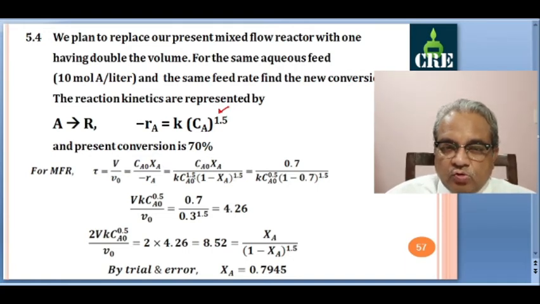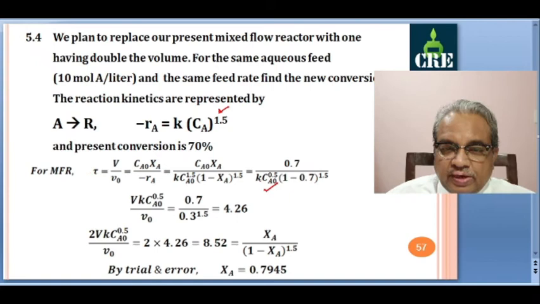Now this Ca0 cancels out with this, so this becomes Ca0 raised to 0.5. Xa is 0.7, K Ca0 raised to 0.5, and 1 minus Xa is 0.3, raised to 1.5, and 0.7. All the terms we are transferring on this side.